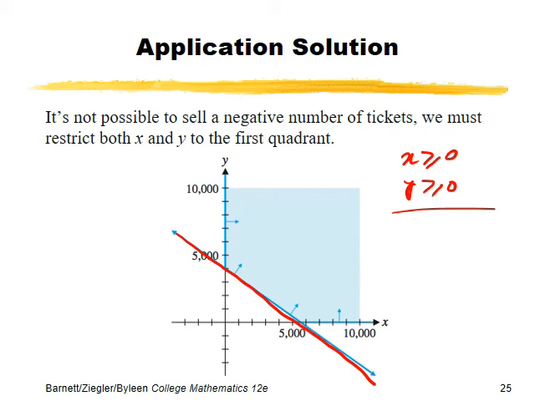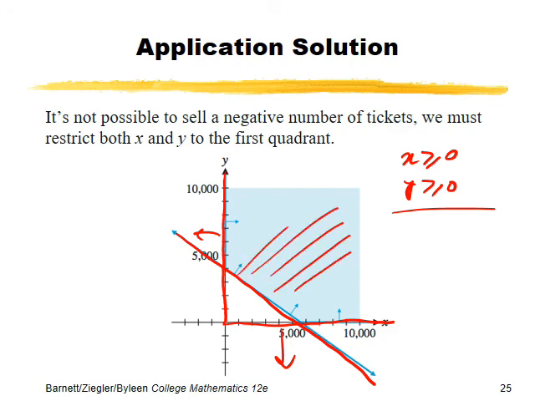So in that case x and y cannot be negative, so we draw a line and it cannot go into this direction because x and y are positive, because they are real numbers, representing real items. Now we draw the line and we test the point 0, 0. Again 0, 0 does not satisfy our inequality, so the solution region would be the opposite side of the plane from the one which contains 0, 0.